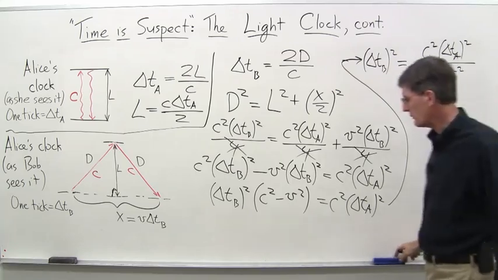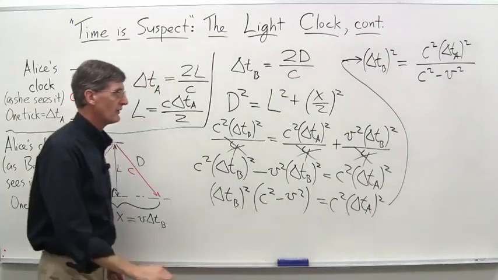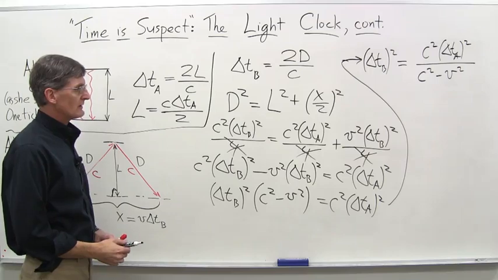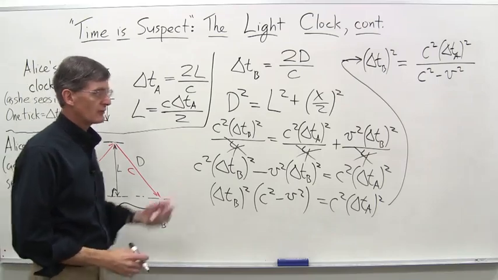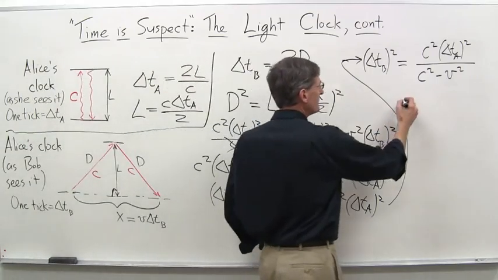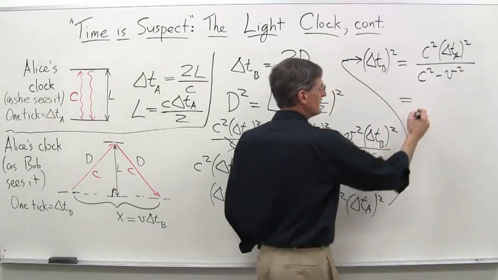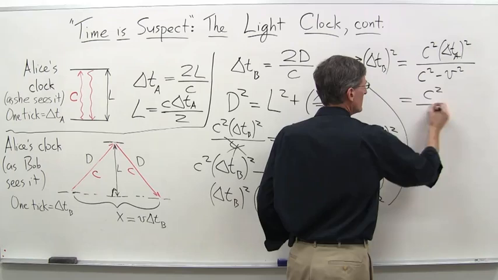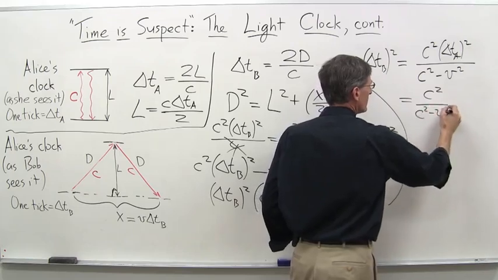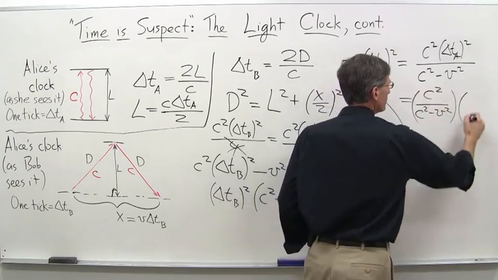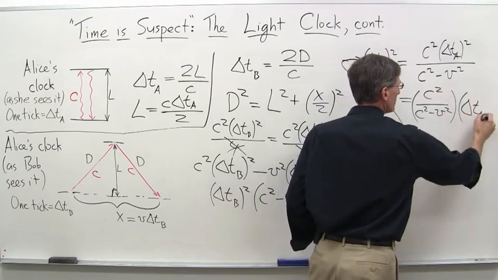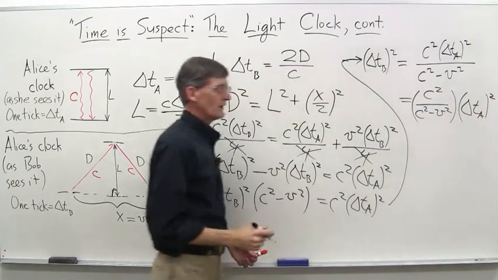But we have a little bit more to do here. We've got some squares in there that we'd like to get rid of. And so I'm going to rewrite this just slightly, the right-hand side, as c squared over c squared minus v squared times delta TA squared.